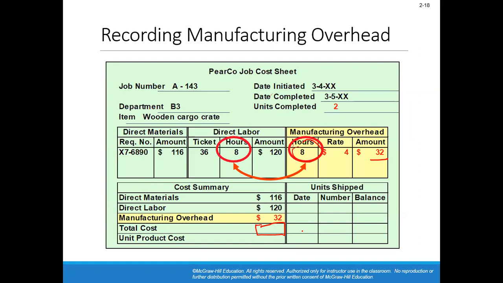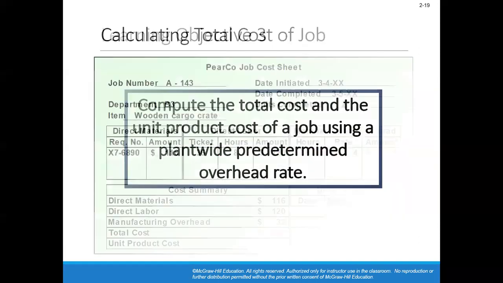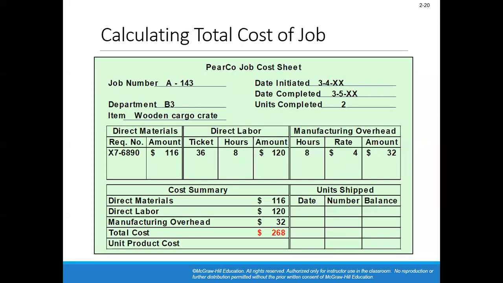Once we determine the total cost, we just sum up these three and get the unit product cost. How? We divide the total cost by the number of products to be produced in the job.